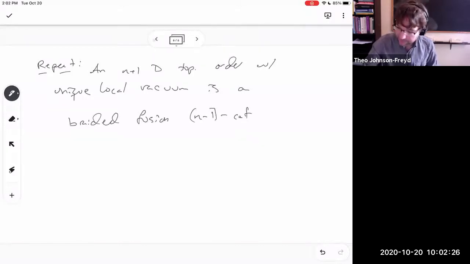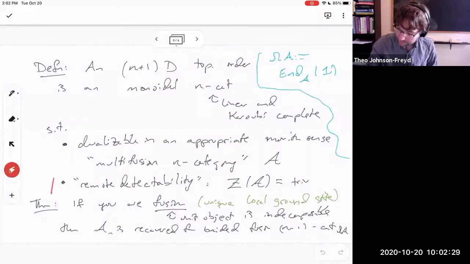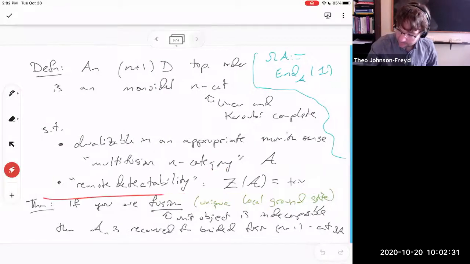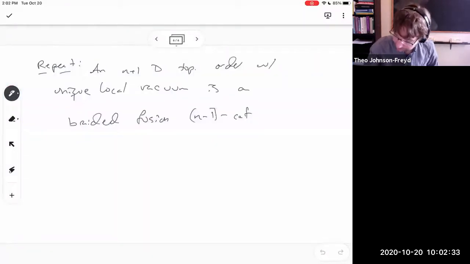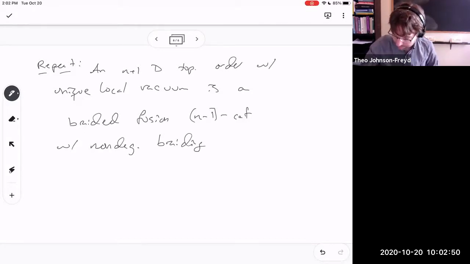And then there's still this remote detectability hypothesis. So the braiding is non-degenerate. You could think of this as a modular tensor N-1 category with non-degenerate braiding. And literally that means that some center is trivial, where now this is more like a Müger center.